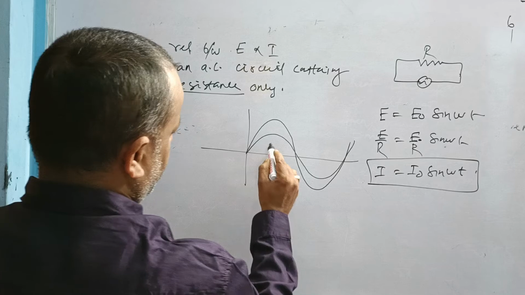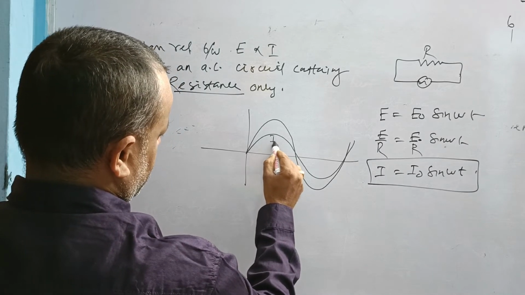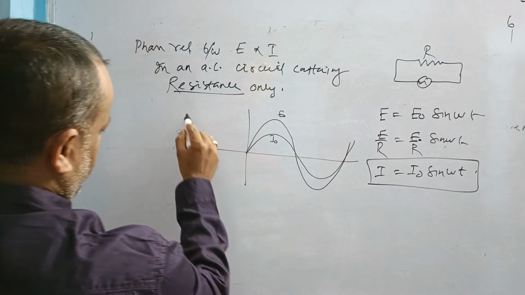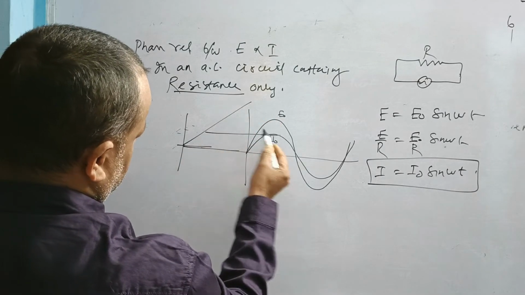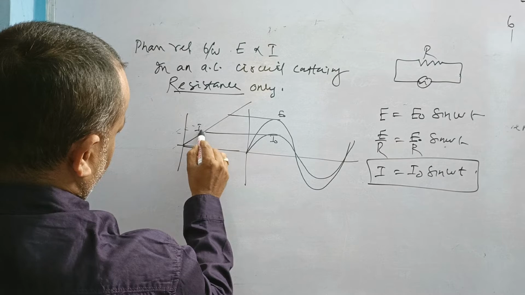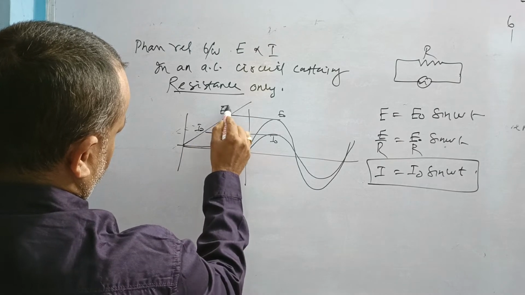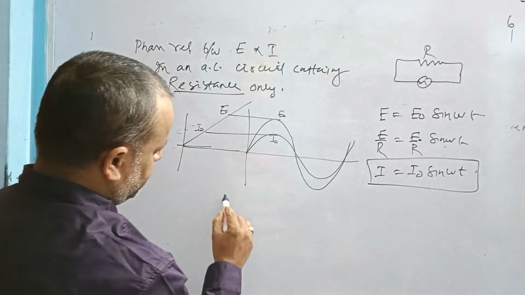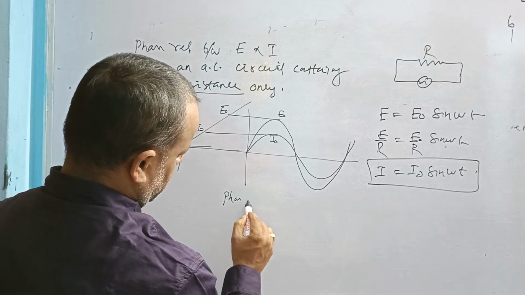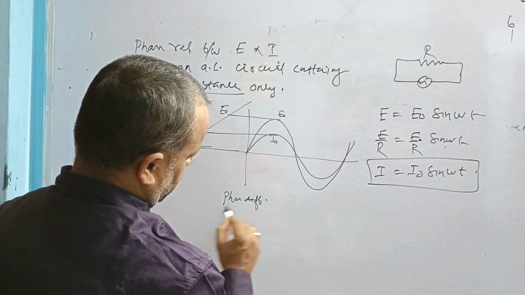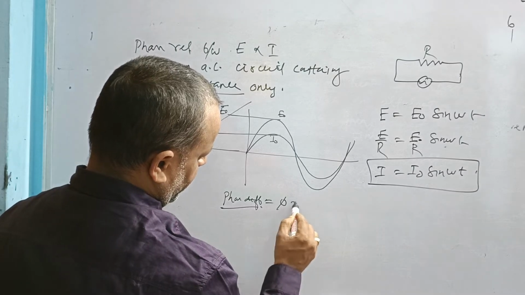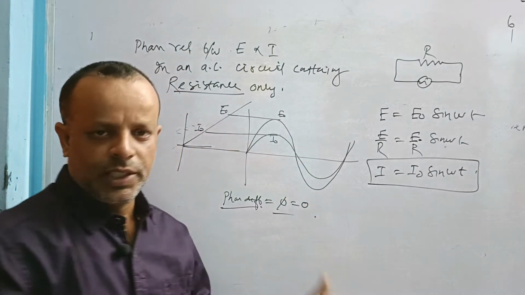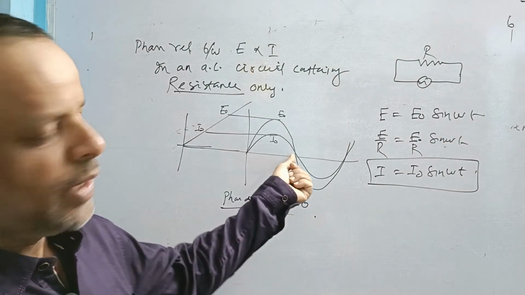Suppose this is I naught and this is E naught in the phasor diagram. We see that the phase difference between them is 0, because they attain maximum values at the same time and minimum values at the same time.